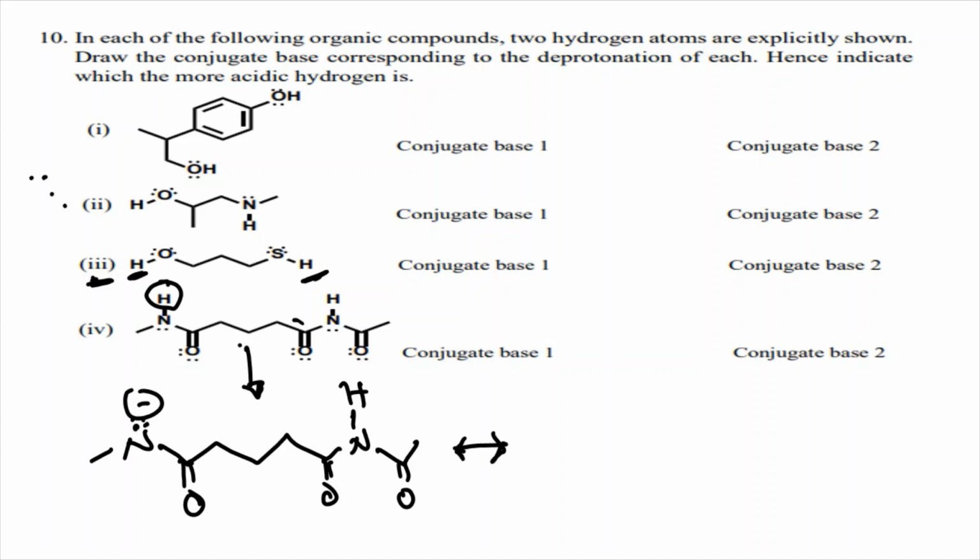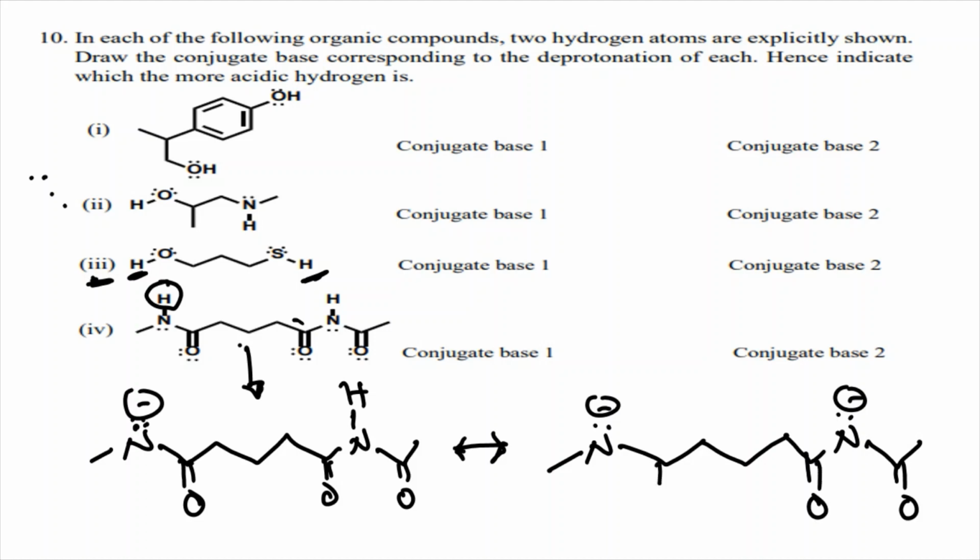Conjugate 2 is going to be, so this one had already lost. This one will now lose, so it will be negative. All right. So now we're asking, which one is more acidic between this hydrogen there and this hydrogen here?